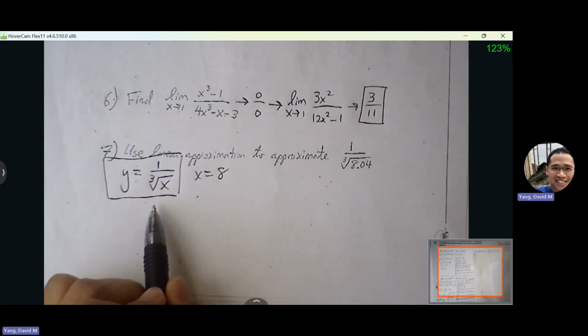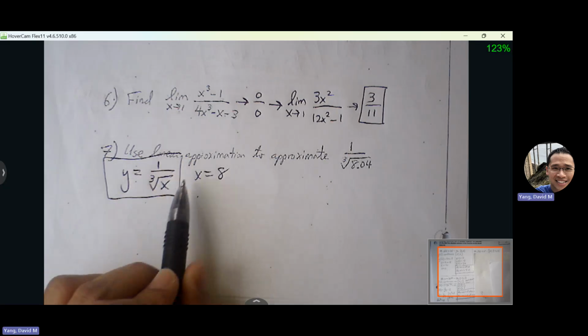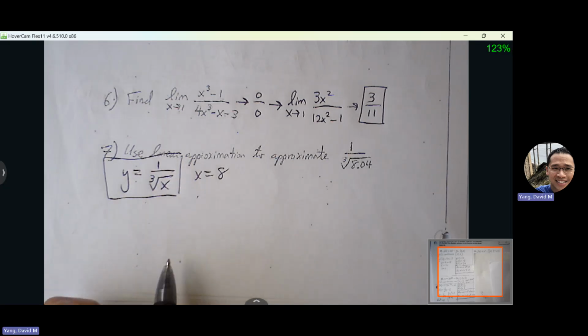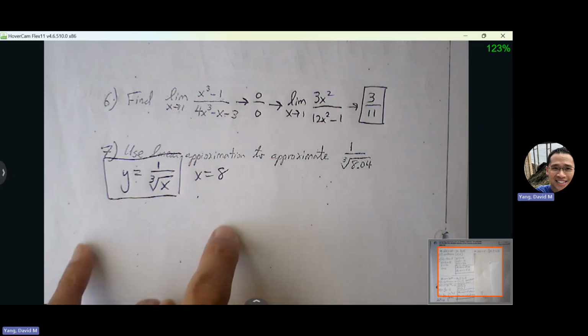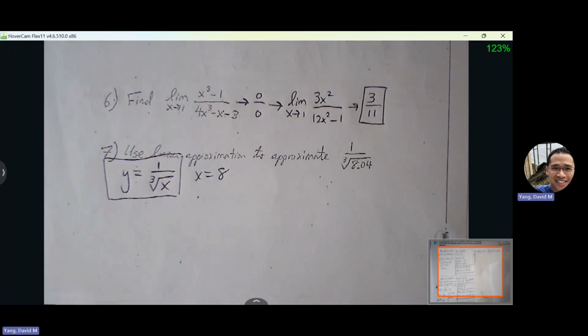So plug in, find your ordered pair, get this function ready for the derivative, find the derivative, plug in 8 to get the slope, then point-slope form. Most of your effort is just trying to get your tangent line equation, and at the very end, you can plug in 8.04 as your decimal.